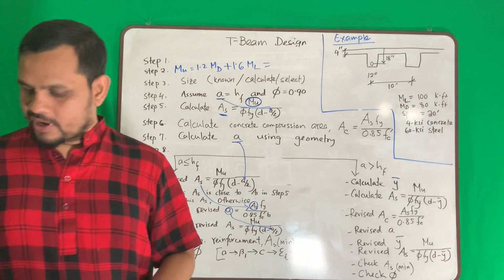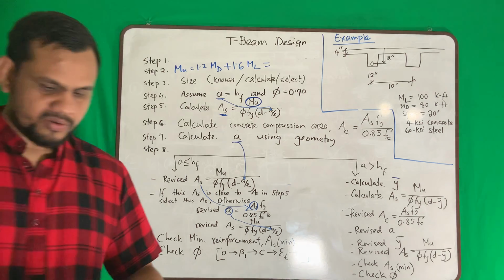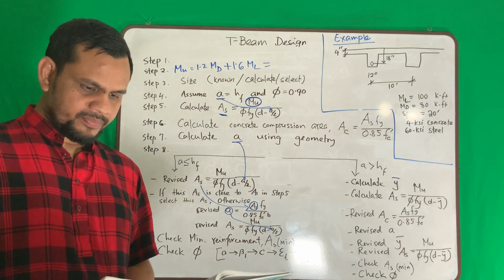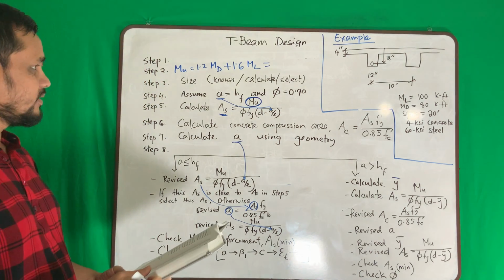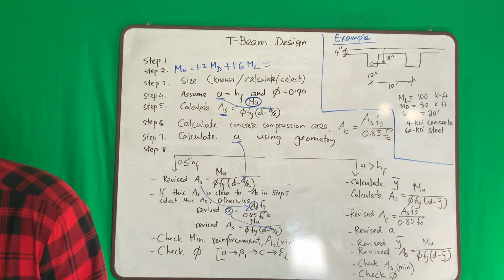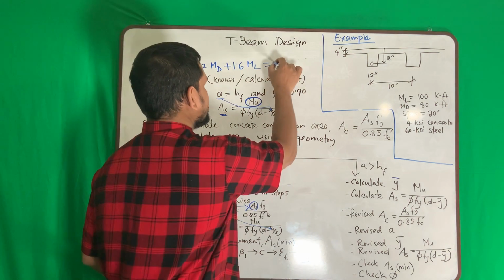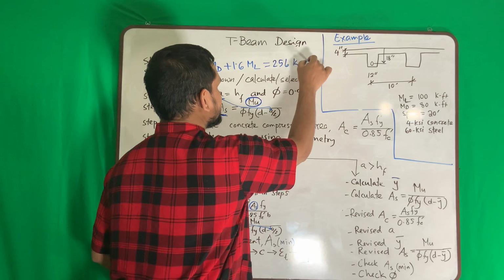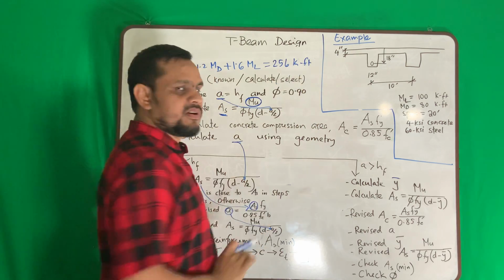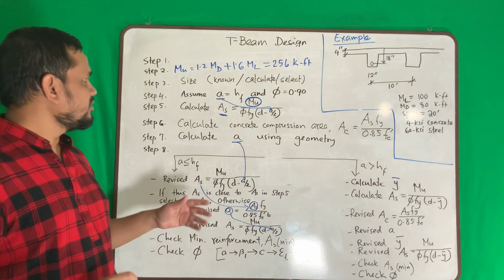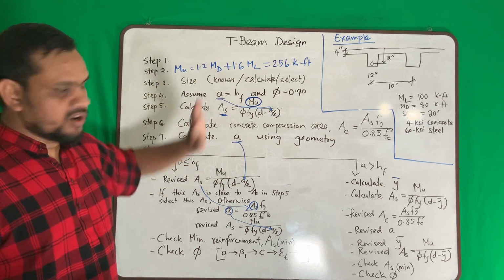I am taking the value from your book so that I can do it quickly. It is showing 256 kip-feet. I'm not doing the calculation, so I got my moment.